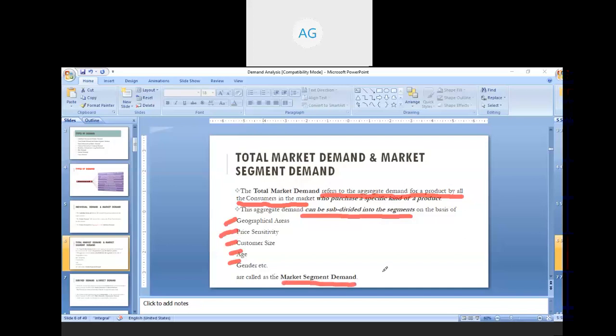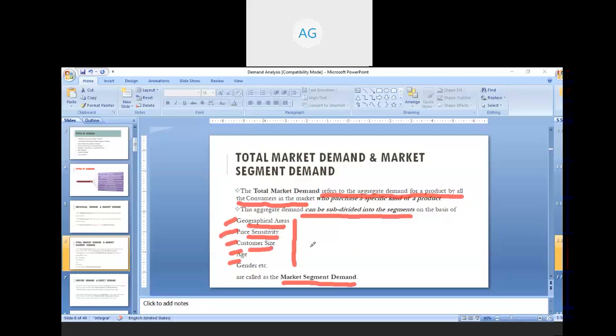Suppose a particular item is there, and based on these subcategories, the demand for that item is given by the consumers. The demand depends on the geographical area of that state or city, then the price sensitivity, whether it belongs to the rural or the urban area, then the customer size.